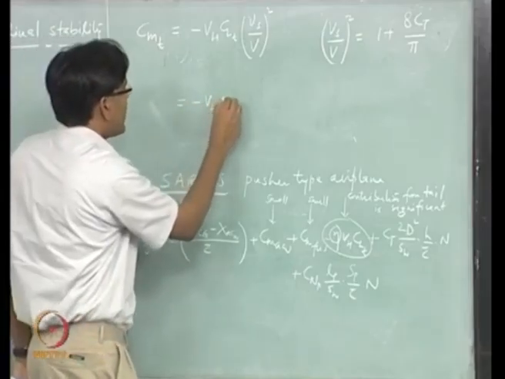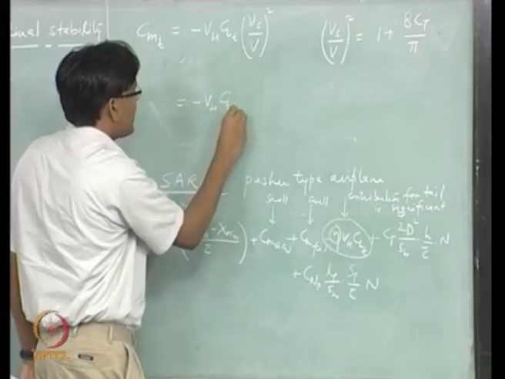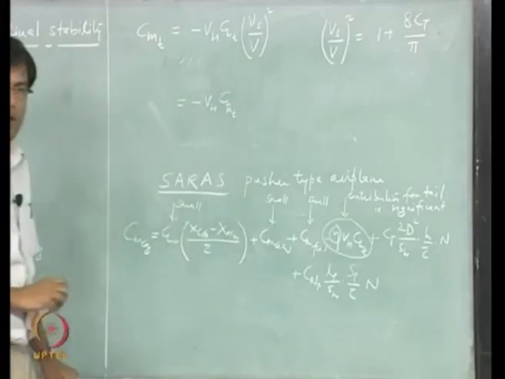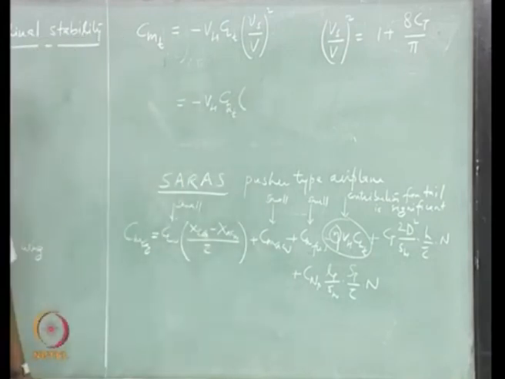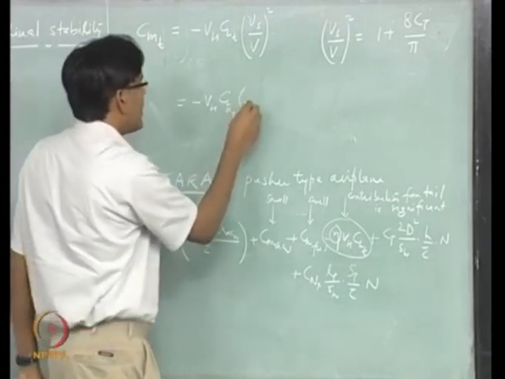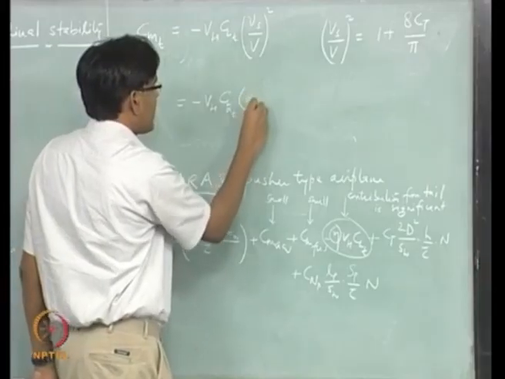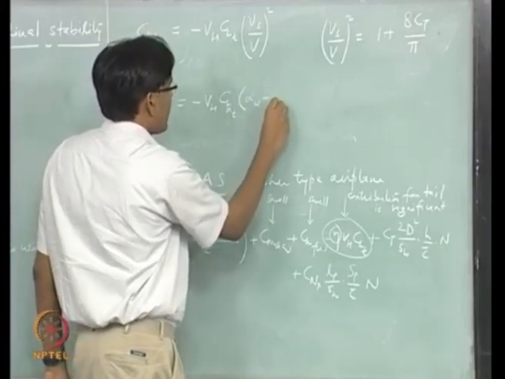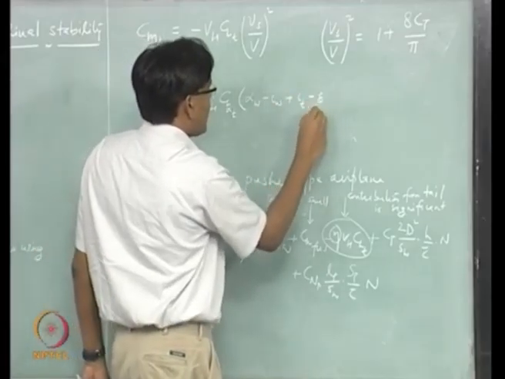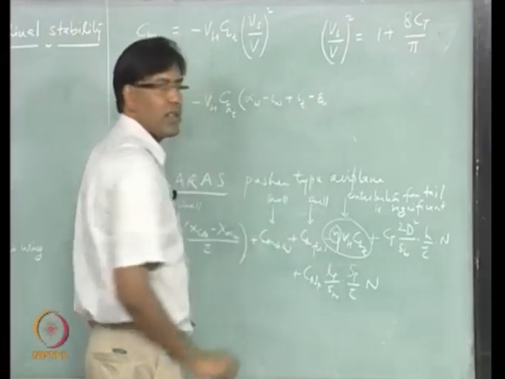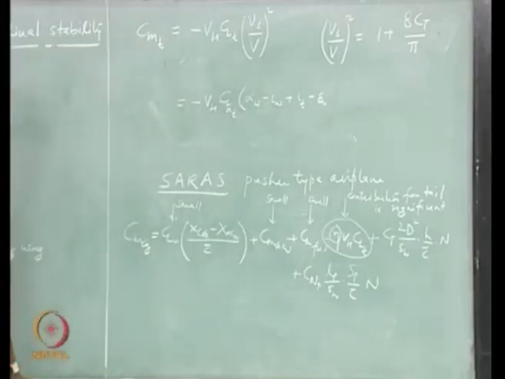What is CLT? CLT is Cl alpha tail into the angle of attack at the tail, which is now, this epsilon is from the wing.